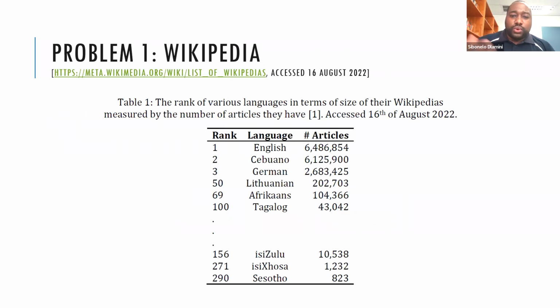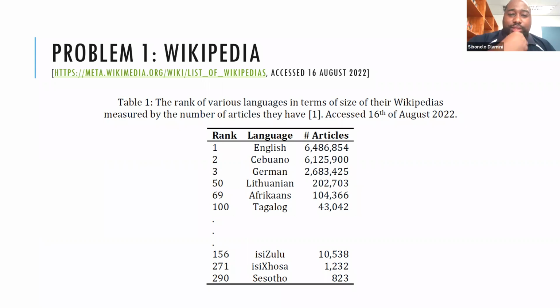And just to further clarify problem number one, there are two major corpora that are used to train transformer models: Wikipedia and Common Crawl. Now, if we have a look at Wikipedia, there's a link here that you can click on, and it will give you great statistics on how big the Wikipedias in the different languages are.